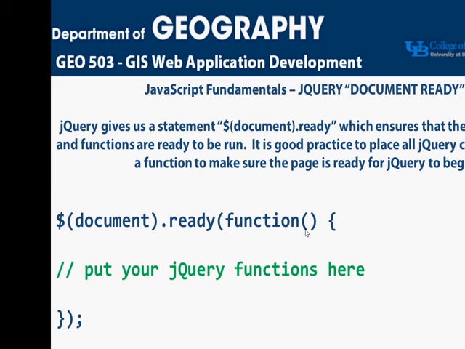So inside ready, and we're starting to get tricky again because there's a lot of brackets to open and close. So document ready lets us define what's going to happen when the document is ready. So this code won't run until the document's ready. In essence, it waits until everything's ready. It prevents stuff from trying to happen before it can. And within the document ready parentheses, we define an anonymous function.